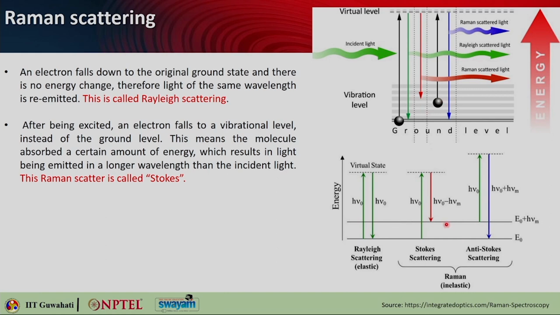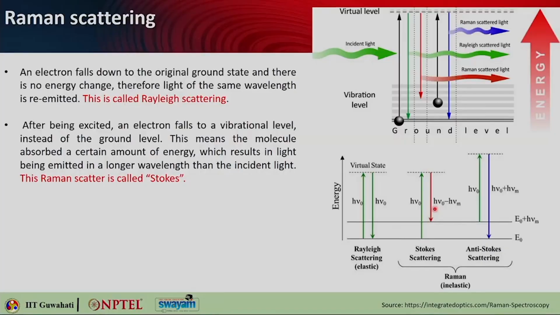It means the molecule involved has absorbed some energy, so the emitted photon has lower energy or longer wavelength. The red color shows that; red means longer wavelength, blue means shorter wavelength. This is called Stokes scattering.